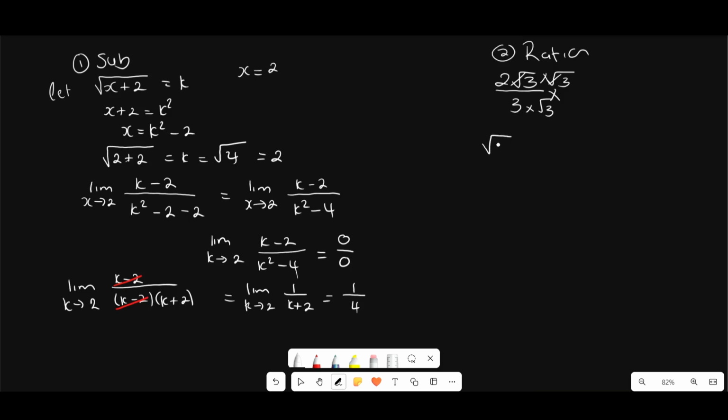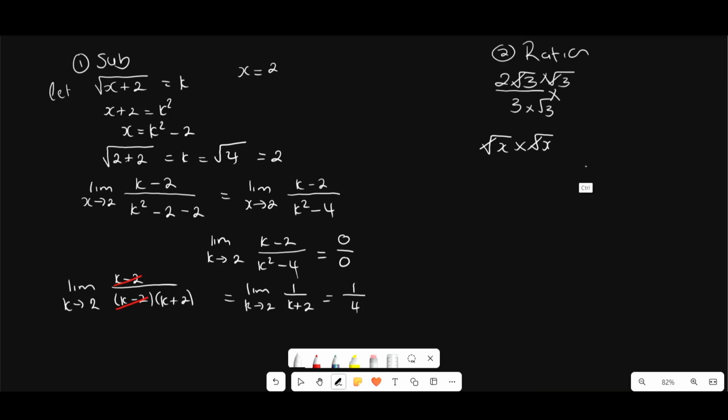Just like, for instance, if I have the square root of x times the square root of x, if these bases are the same, the square root will fall off, and I'll have the value of x.